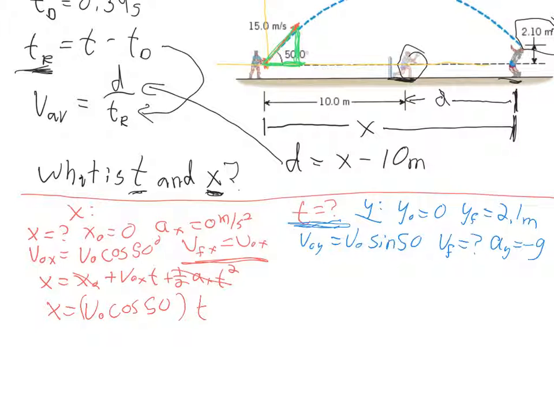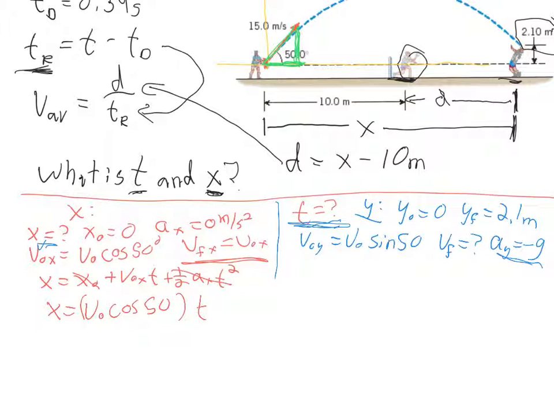Okay, so this is one thing I've noticed that some of us have been having a hard time with. You need to keep your x and y variables separate. I never want to see a mixed equation where you have like an x distance with acceleration due to gravity. That doesn't work. Your equations are for either x or y. The one thing that links the two is time and time alone. All right, so make sure you stay really organized with how you're doing this.